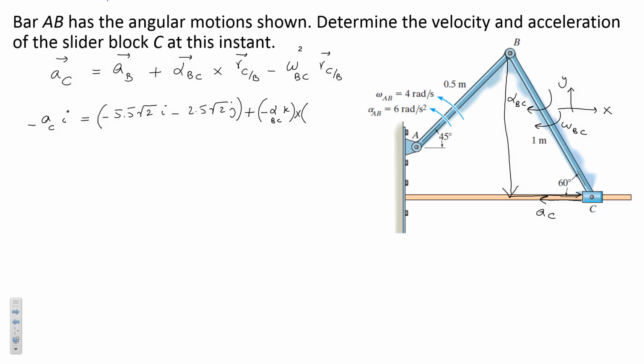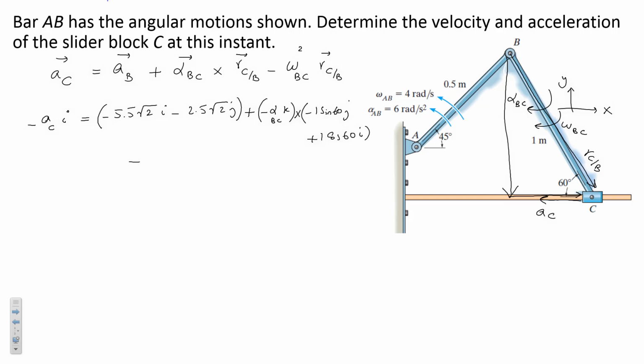So this is RC/B: minus 1 sine 60 j plus 1 cosine 60 i.